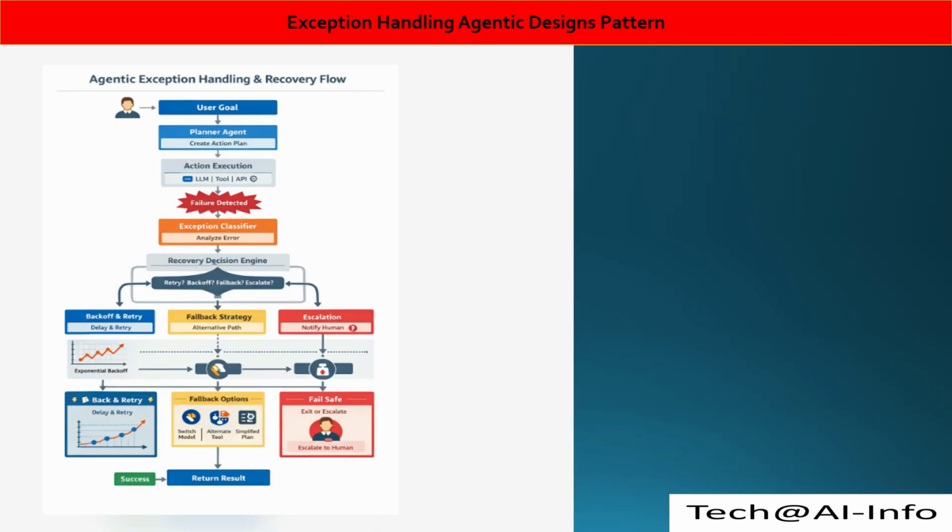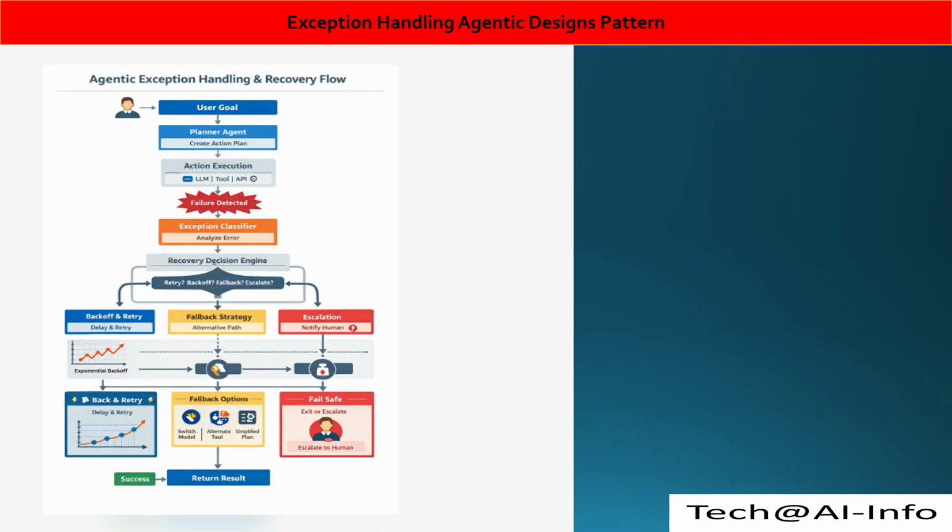Next is the fallback strategy, graceful degradation. Why is retry not enough? Agents degrade immediately. For example, switching the LLM from GPT-4 to GPT-3.5, switching tools, using cached data, using simple reasoning, or giving a partial answer.